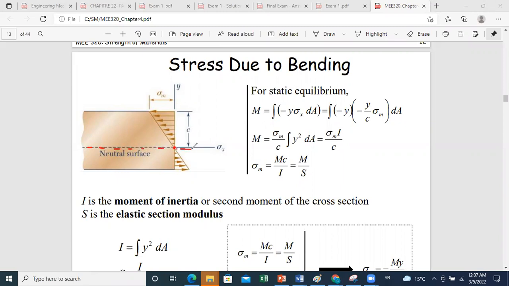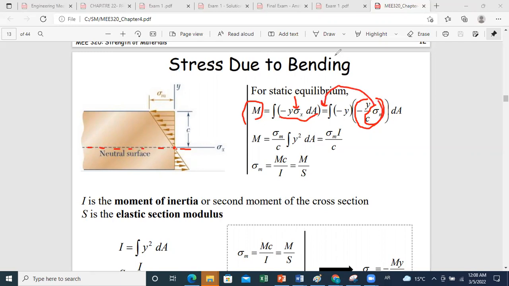And the total bending moment will be resulting from integral, as we have seen before. The bending moment is integral of minus y sigma x dA, replacing now sigma x by the expression we developed together in previous slides. Sigma x was found to be minus y over c sigma m. And since sigma m over c is a constant, we can take it outside of the integral.